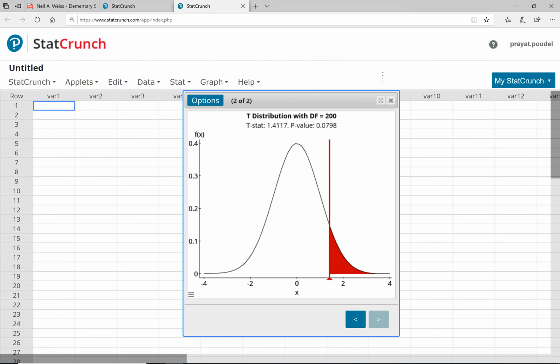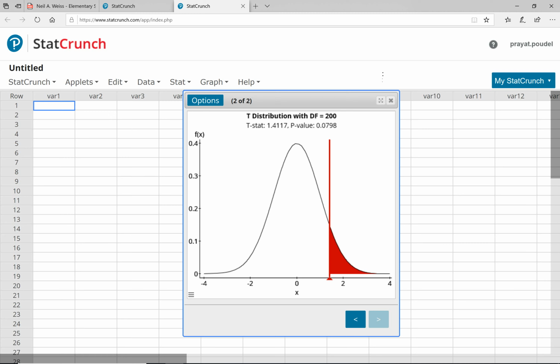And if I look at the picture I have, we have degree of freedom 200. The area to the right of t-value 1.4117 is 0.0798, which is bigger than our significance level 0.05. Since p is bigger than alpha, we know that the data does not provide sufficient evidence to reject the null hypothesis.